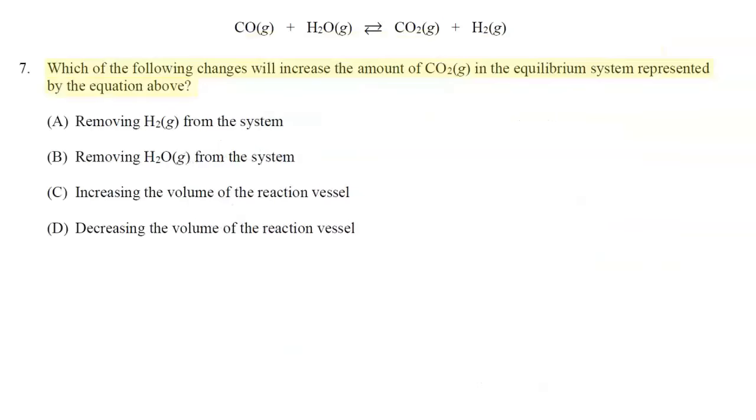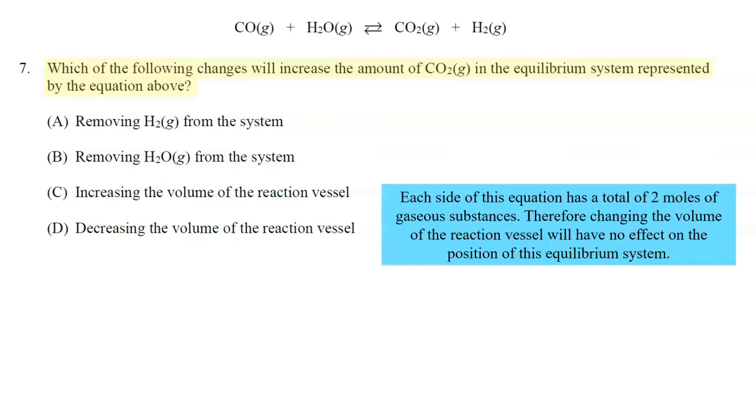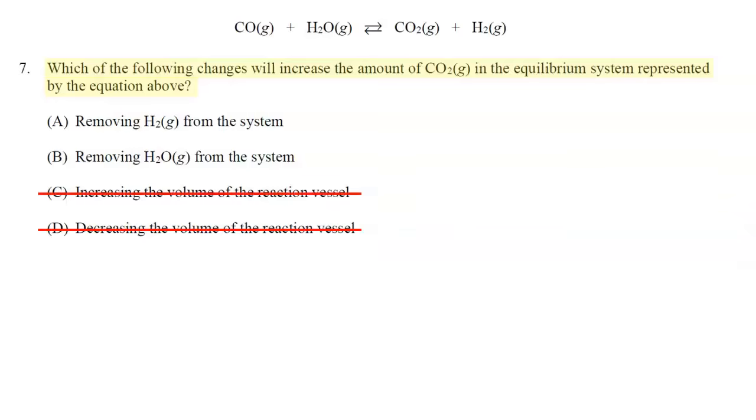And as we consider the chemical equation here in question 7, we can see that each side of this chemical equation has a total of 2 moles of gaseous substances. Therefore, changing the volume of the reaction vessel will have no effect on the position of this equilibrium system. So we can go ahead and eliminate choices C and D in question 7.